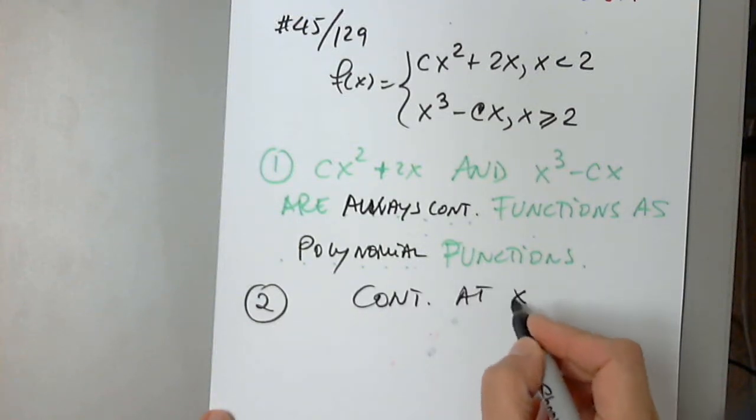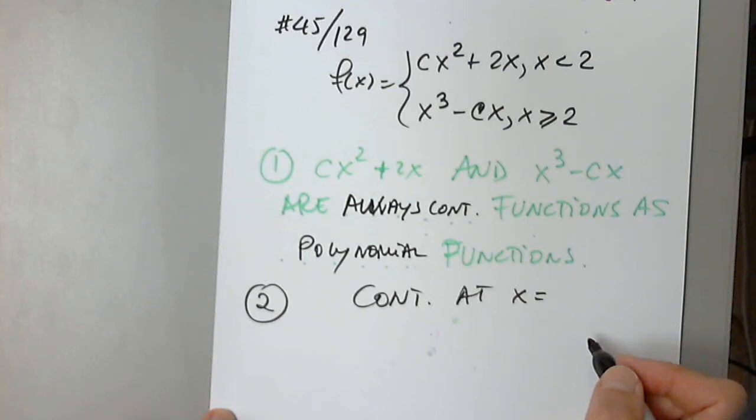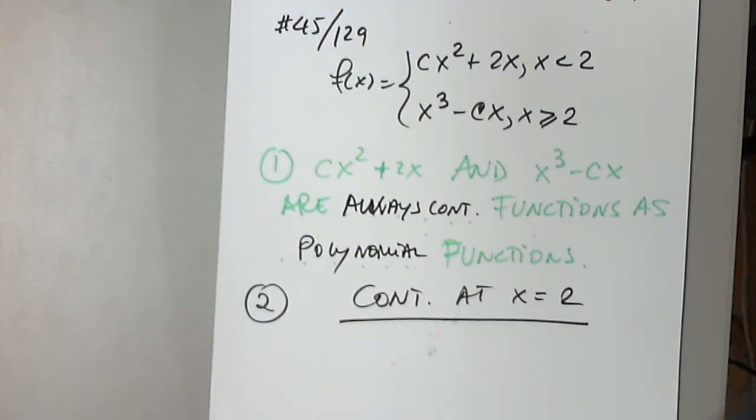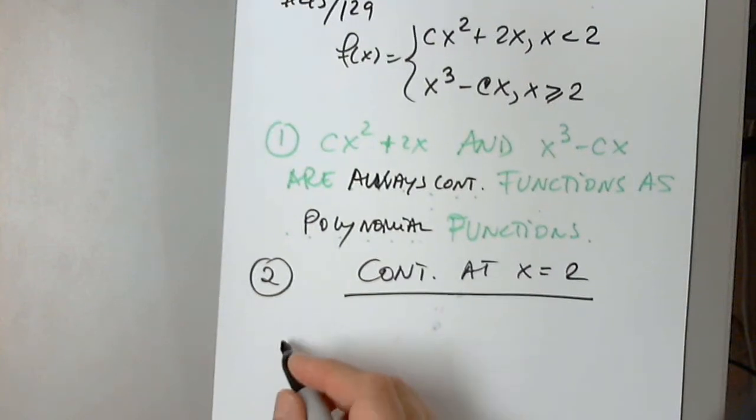Continuity at x equals 2. What has to happen for this function to be continuous at 2? The left and right. Exactly.